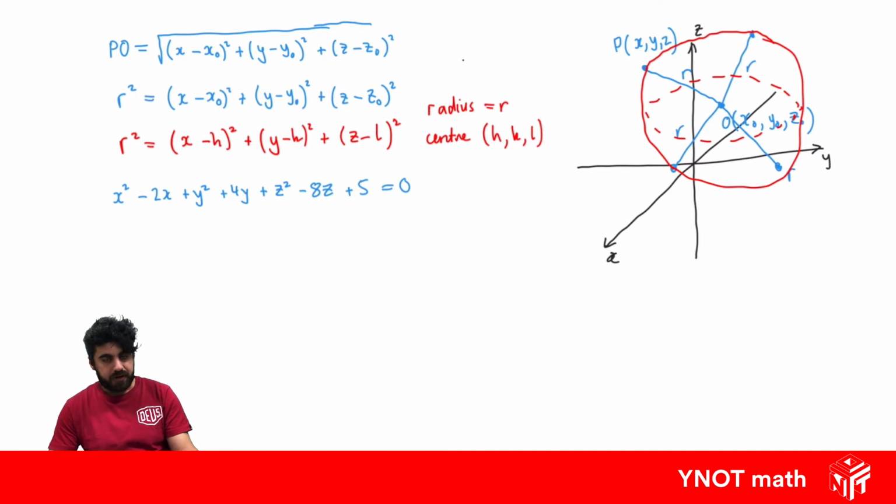So we can recognize that it's a sphere straight away by saying that we have an x squared component, y squared and z squared, and all of their coefficients are the same. They all have a coefficient of 1.